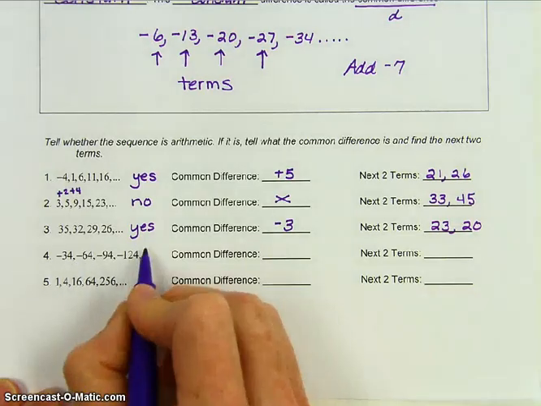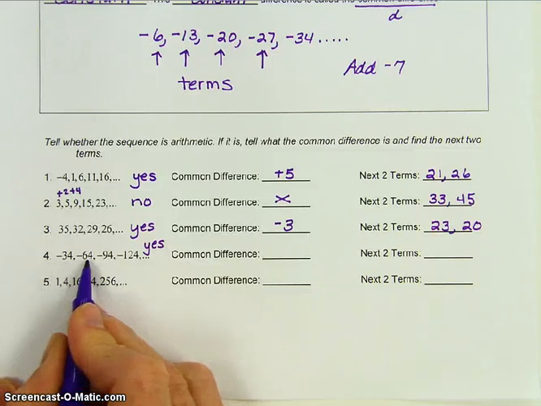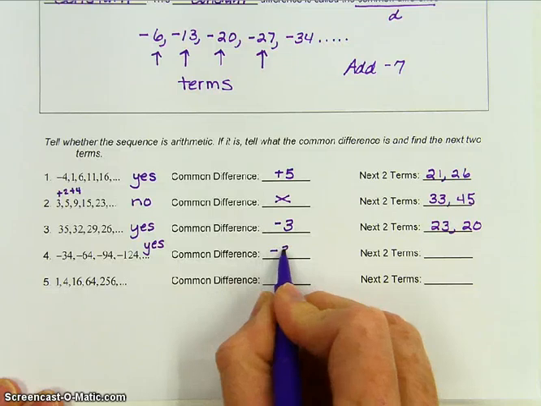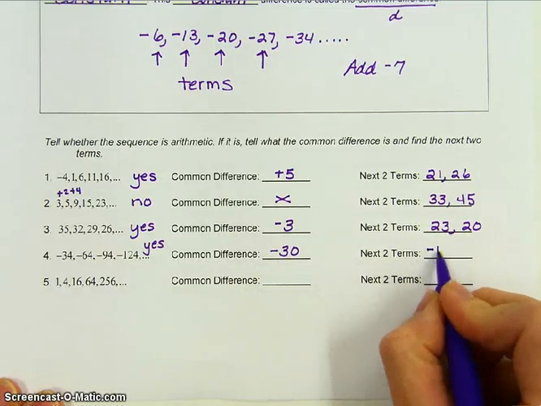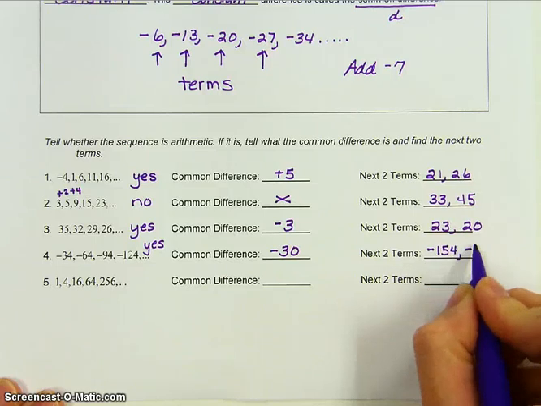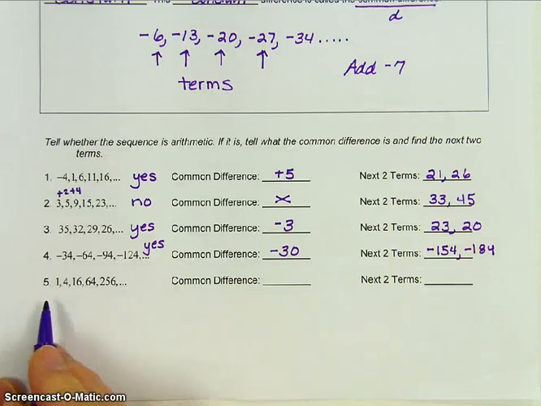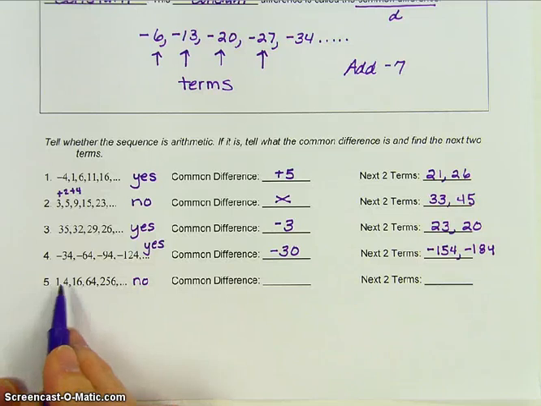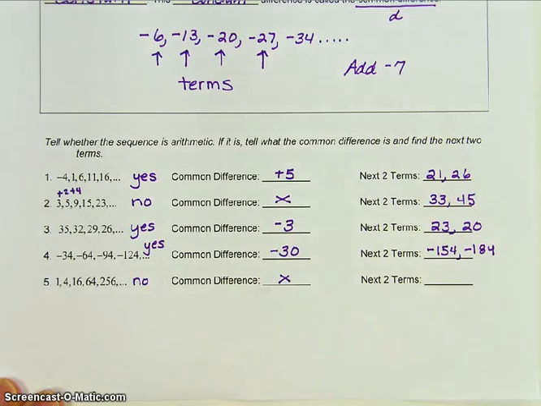Question 4 is also yes. You can see here the numbers are decreasing by 30 every time. So the common difference is negative 30, and the next two terms will be negative 154 and negative 184. Question 5 is not arithmetic because 1, 4, 16, 64, 256 does not have a common difference.